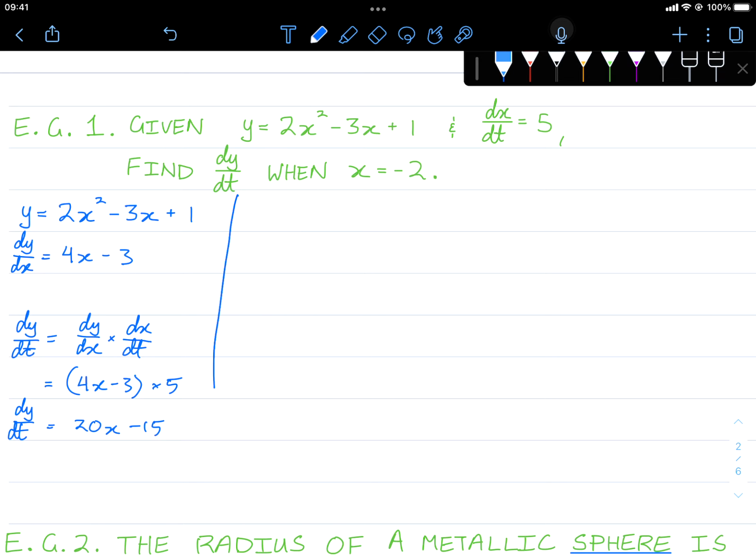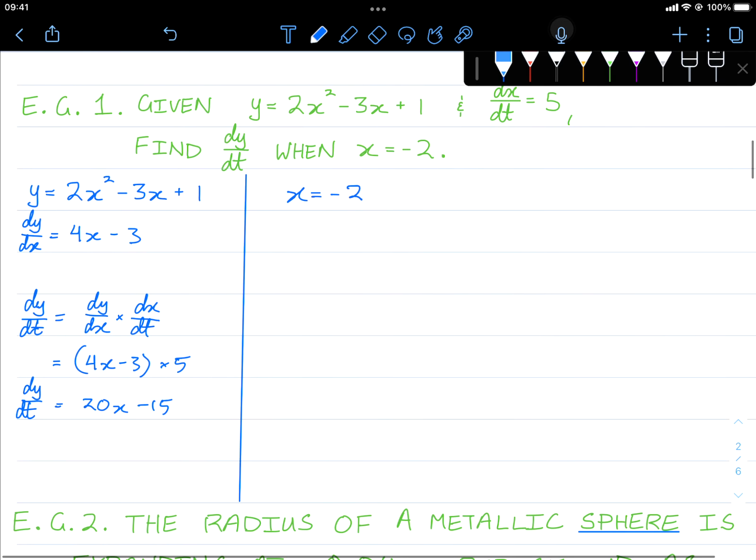So from here, we can say now that the rate of change when x equals -2, we can find that by simply substituting it into our dy/dt. That will give us 20 times -2 minus 15.